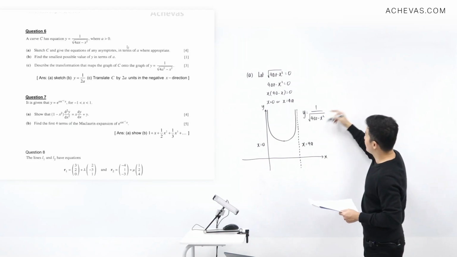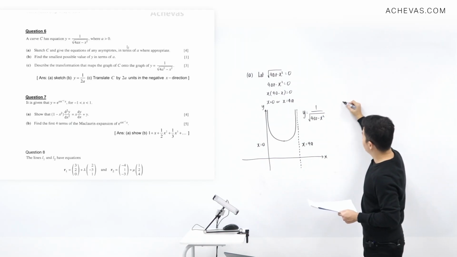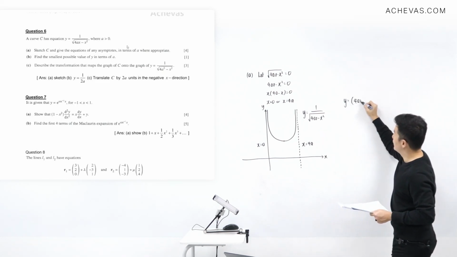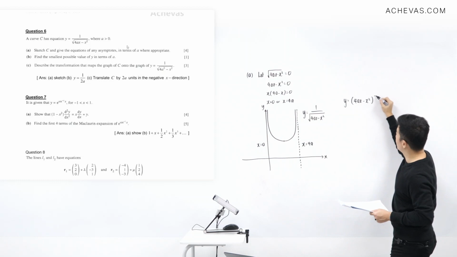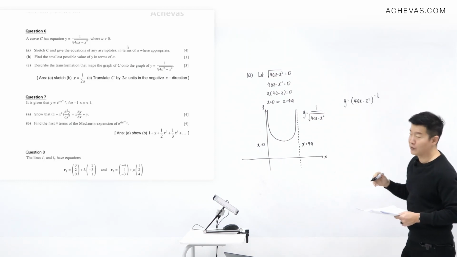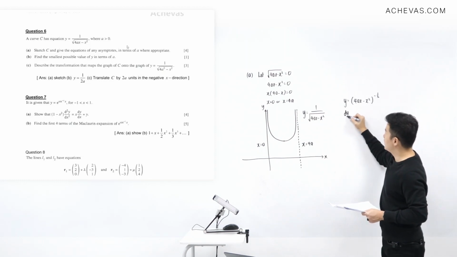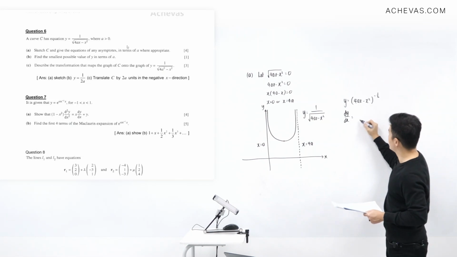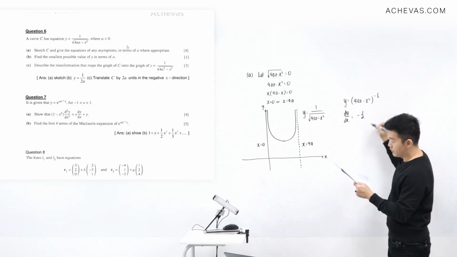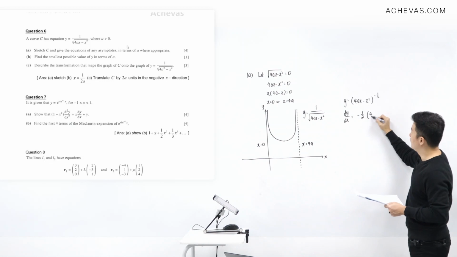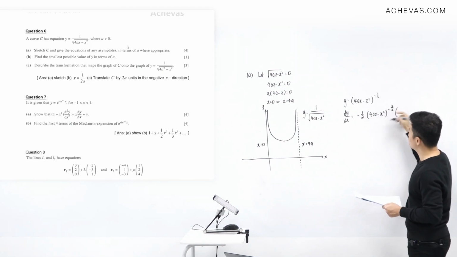So let me write down y, and this time I think I'm going to write down y in this form. So we have (4ax minus x squared) to the power of minus half, since we are going to be differentiating y. So dy/dx is going to be equal to minus 1 over 2, then (4ax minus x squared) to the power of minus 3 over 2.